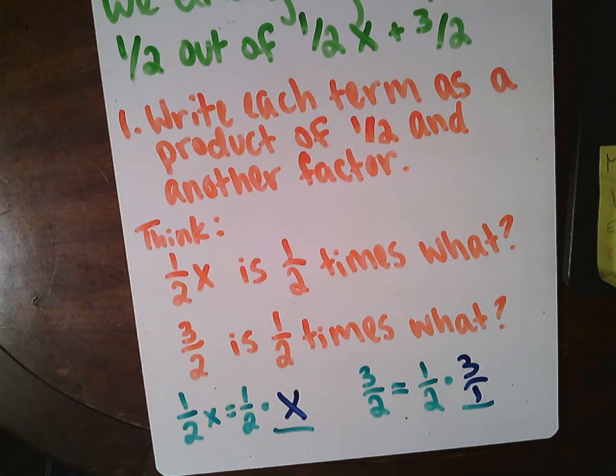You get 3/1, or you can just call it 3. Either way works for me. Another way you can think about the 3/2 part is, we're looking for 1/2. How many 1/2s are in 3/2? If you broke it up, we get 3.